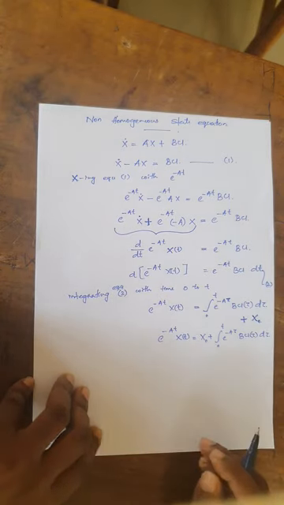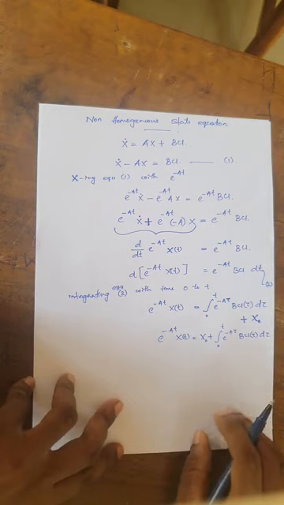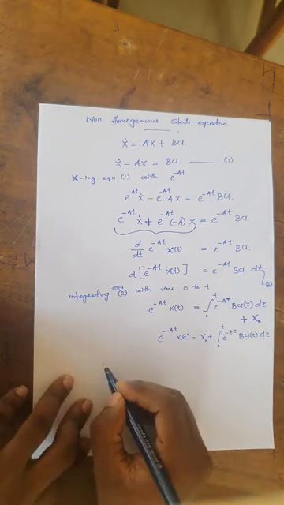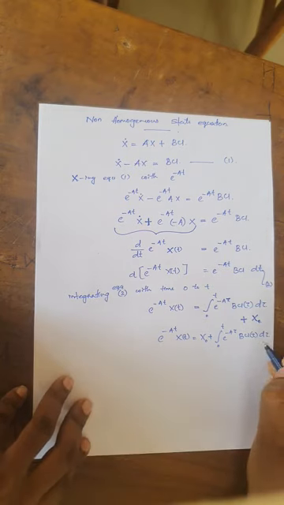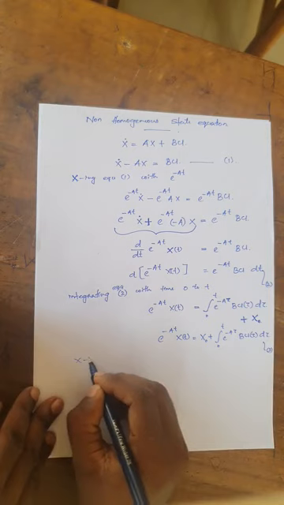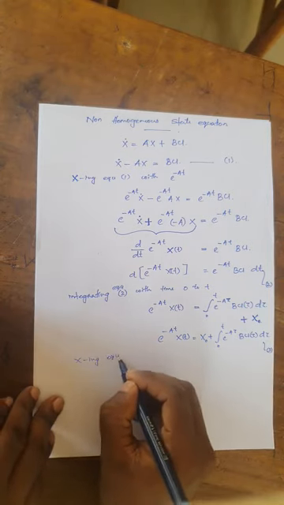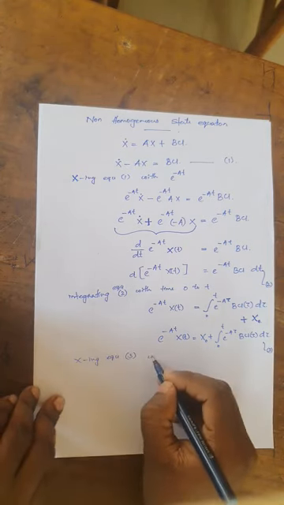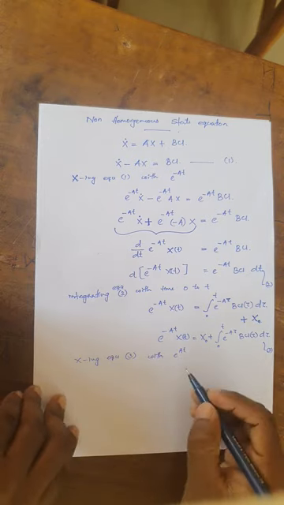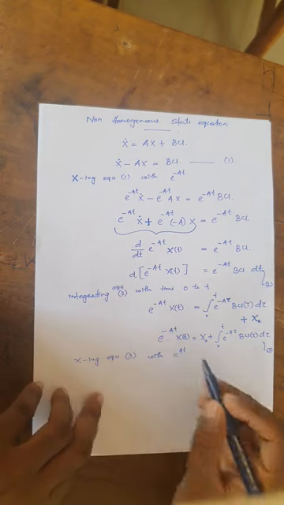So I need the solution of state equation. For getting this x of t equation, I can multiply equation number 3 with e raised to a t, just for eliminating this e raised to minus a t.